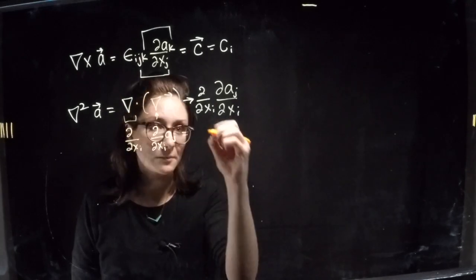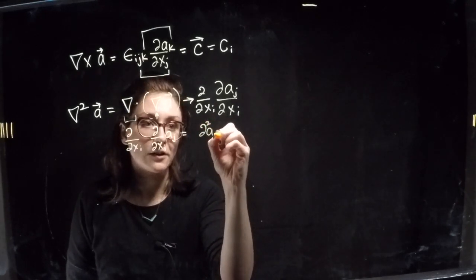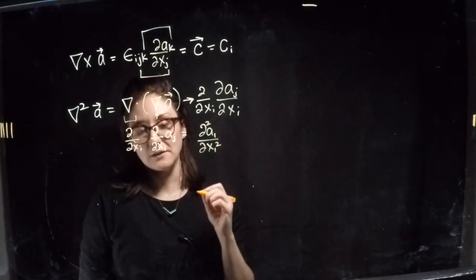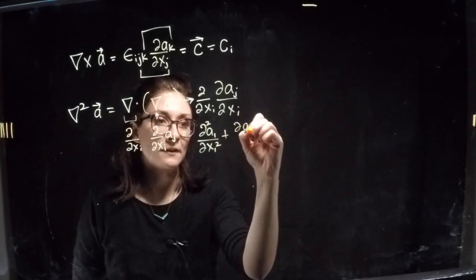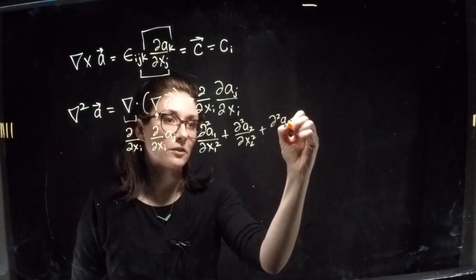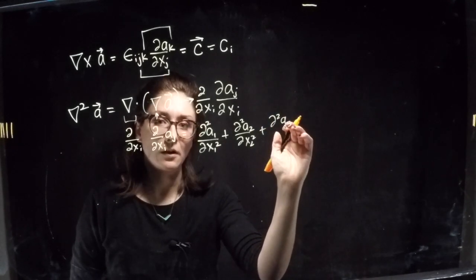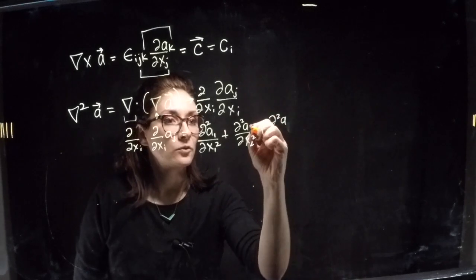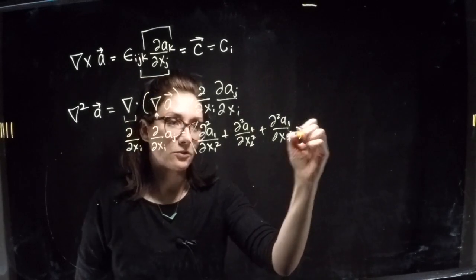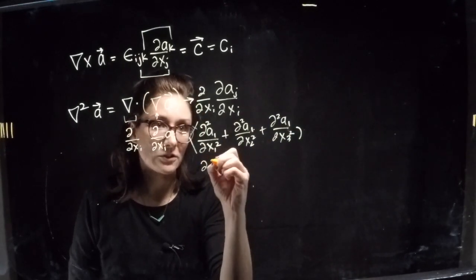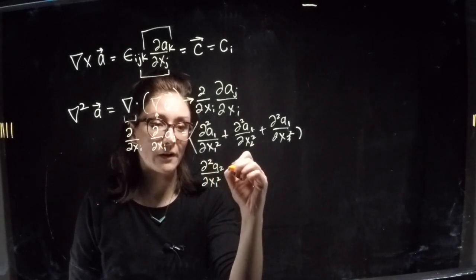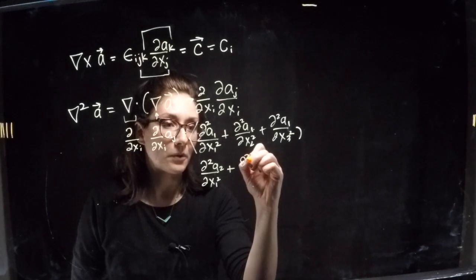And so if I write this out explicitly, you get the standard Laplacian that you're probably used to seeing. So the second derivative with respect to x1 plus the second derivative with respect to x2 plus the second derivative with respect to x3. And this is a vector, right? So you'd have the same thing for each of the other directions. So now we're operating on the second component.